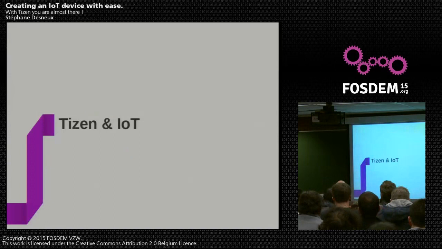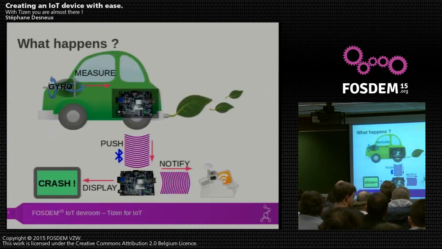For the Bluetooth communication, I didn't have time to integrate the latest libraries that are coming. IoTivity was announced a few weeks ago, and the first release came out last week or two weeks ago.